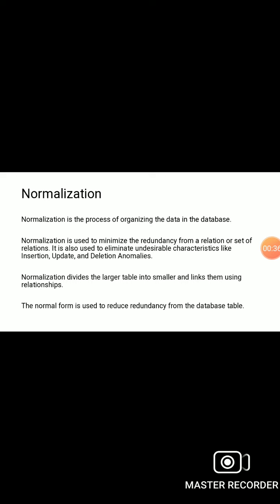Normalization divides the larger table into smaller ones and links them using a relationship, like teacher and student, or manager and employees. We see so many tables in the database, a bunch of tables in a tabular format with row and column structure.